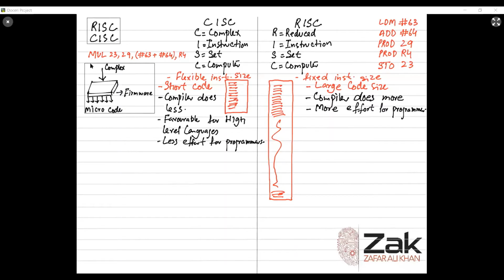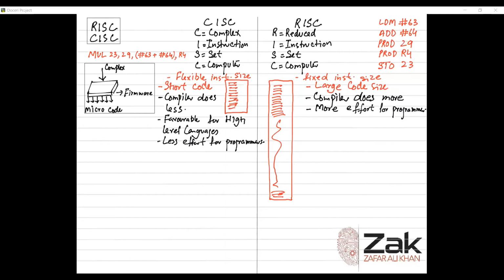All right. So in CISC, what happens is that you write complex code, the compiler converts that complex code to complex binary form, and then the complex binary form passes through the firmware in the processor and turns into microcode. This is the additional strenuous work that the processor has to do, and that work is not there in RISC, because over here every instruction is in the exact size required by the processor.